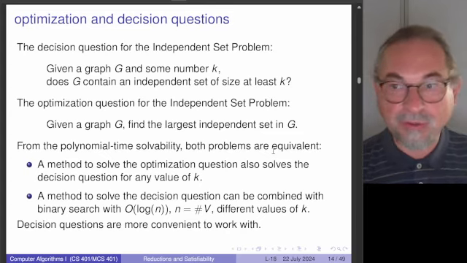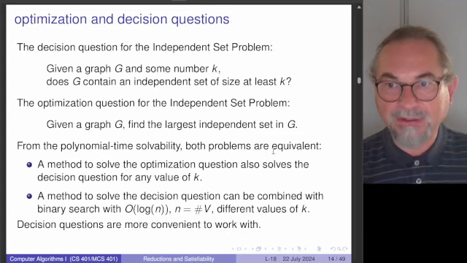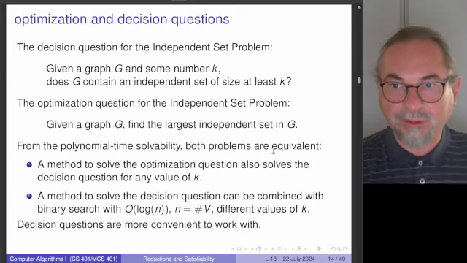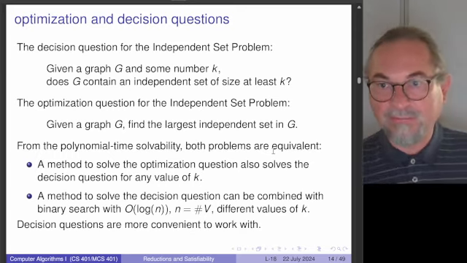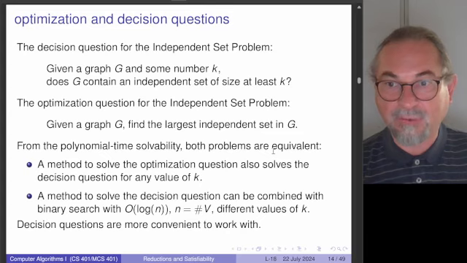You can solve your decision question in the graph, say with seven people, by first checking whether there is something for 4, and if there is no independent set of size 4, then you check for size 2. Otherwise, you look for, say, size 5 or 6. So you do a binary search.